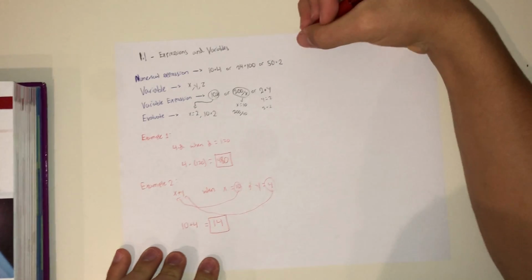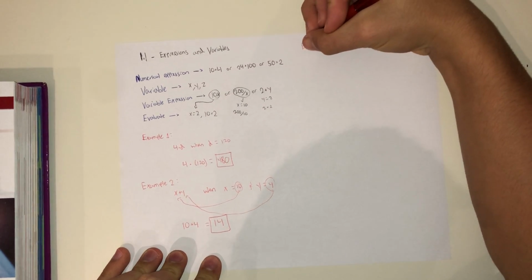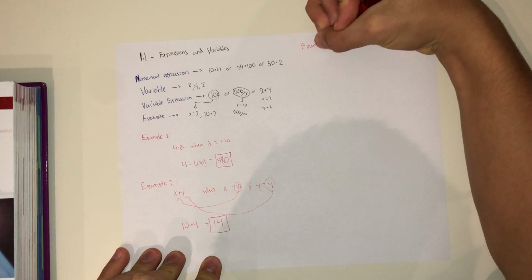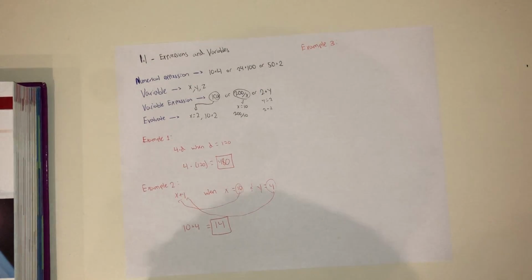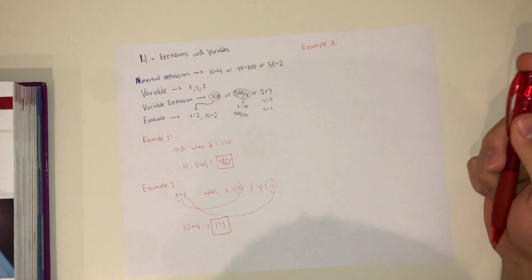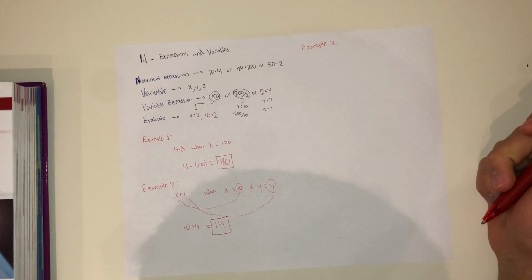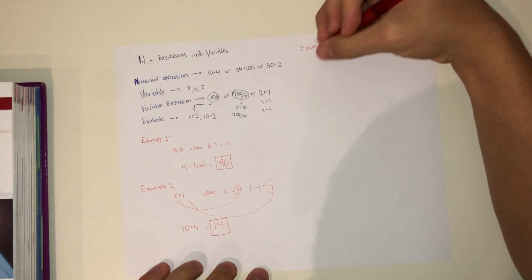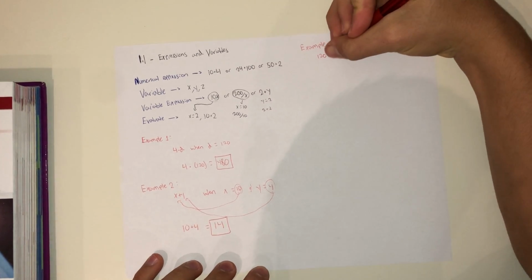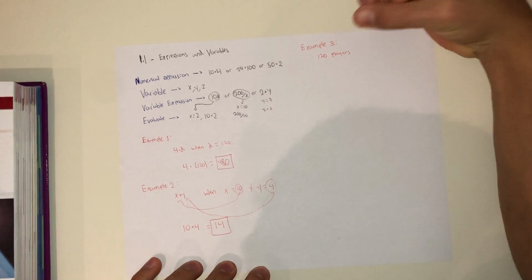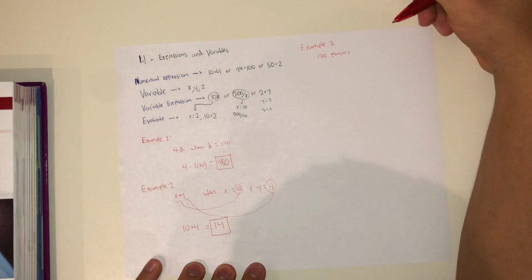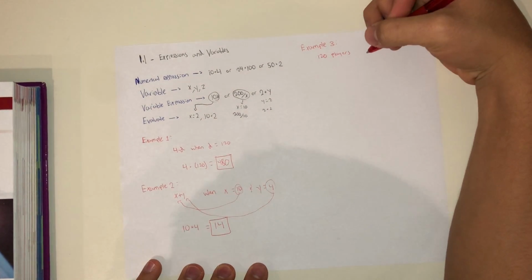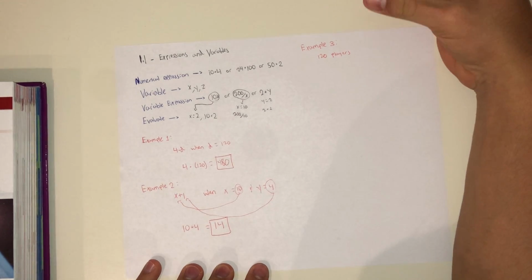Example 3 is how to write a variable expression. So this is telling us that we have 120 players in a baseball league, and we have to divide this amount of players into teams with the same number of players.